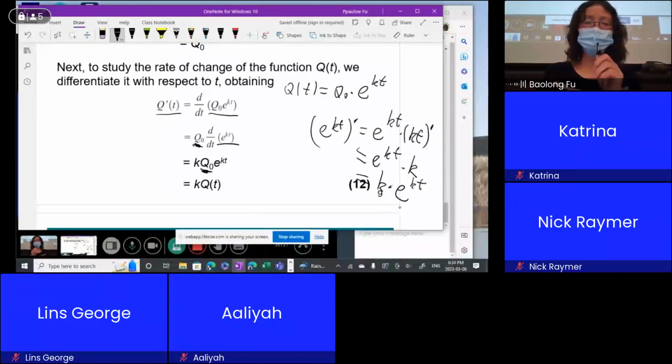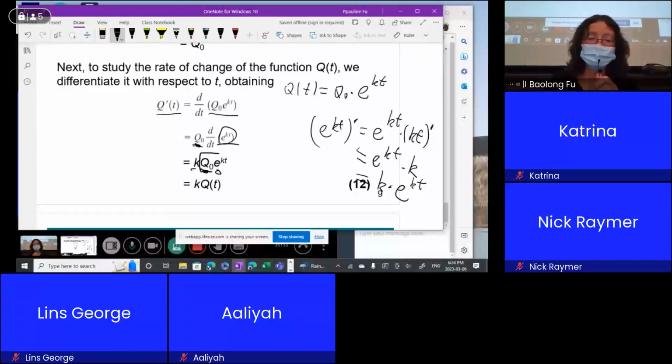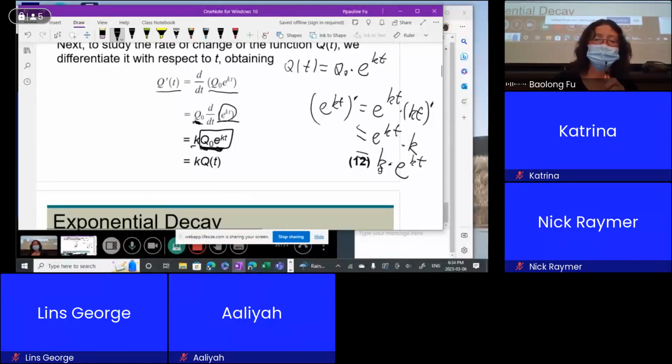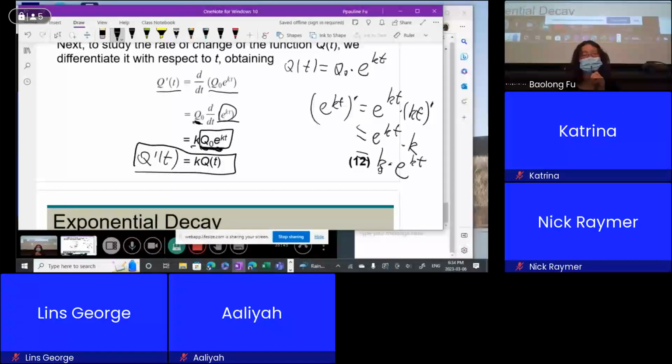So derivative of e^kt equal to k times e^kt. And if you take a look at this part, it is just Q(t). So the final result, the derivative of Q equal to k times Q(t). Questions?